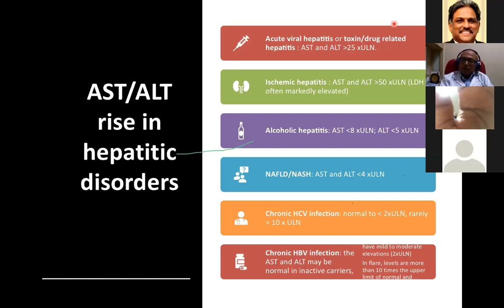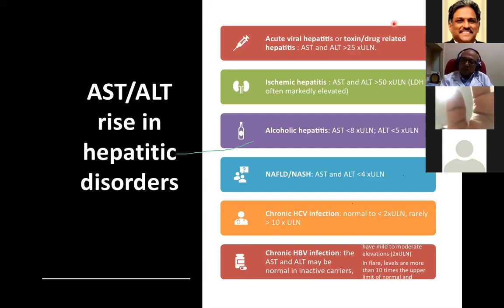So you have various causes for hepatitis, and the AST/ALT may give you a clue. If you have a rise in AST/ALT and the patient has an acute viral hepatitis or a toxin like rat poison or paracetamol, the AST/ALT levels rise significantly, more than 25 times upper limit of normal.